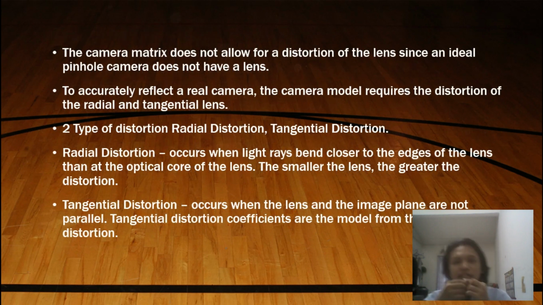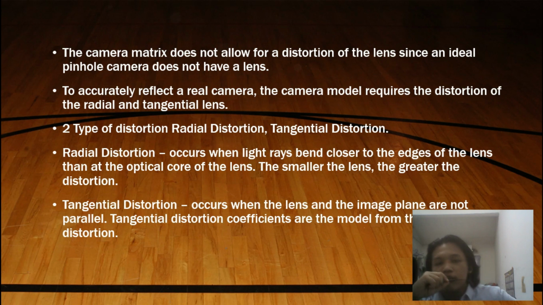The camera matrix does not allow for lens distortion, since an ideal film camera does not have a lens. To accurately reflect a real camera, the camera model requires radial and tangential lens distortion. There are two types of distortion.